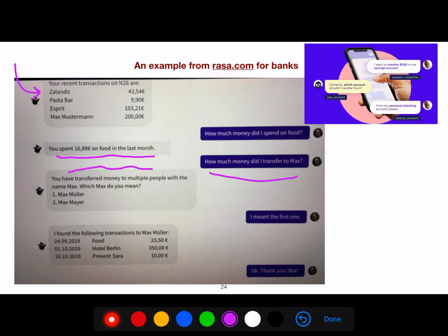The chatbot says, you have transferred money to multiple people with the name Max. Which Max do you mean? And the customer says, I mean the first one. When it says the first one, it should automatically remember all of these previous turns. That's why long-term dependencies in dialogue are really important. It's like coreference resolution, where you need to know the previous sentences and all of those things. And that's why it's really a challenge.